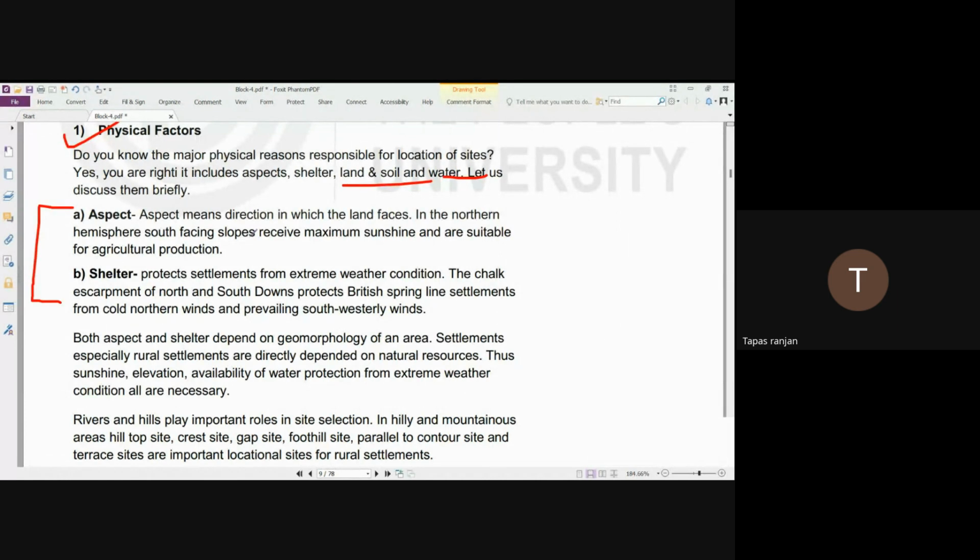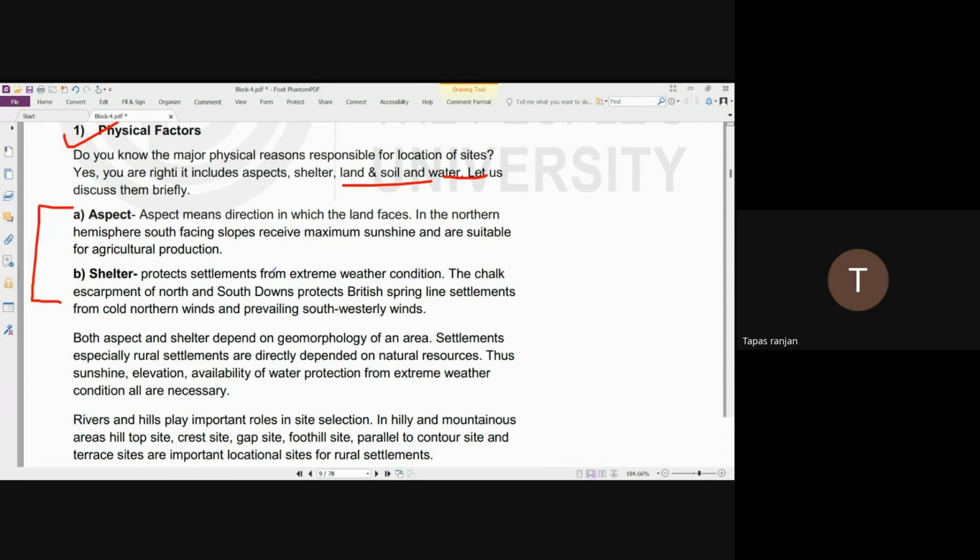Aspect basically means the direction in which the land faces. In physical geography, you might have come across this word aspect, or maybe in drainage basin morphometry studies. I have no idea whether you did your graduation in geography or not, but all the geography students can connect with me. So what is aspect?